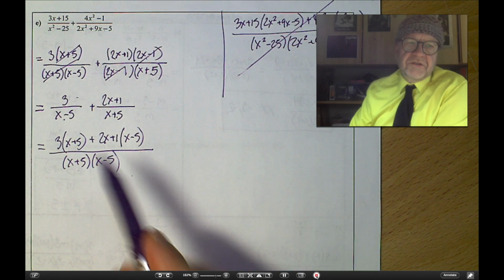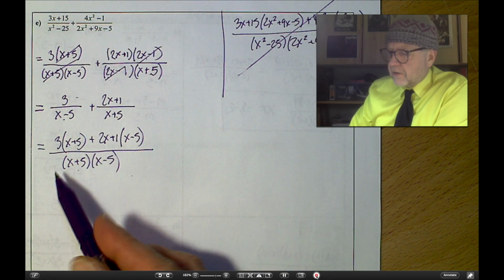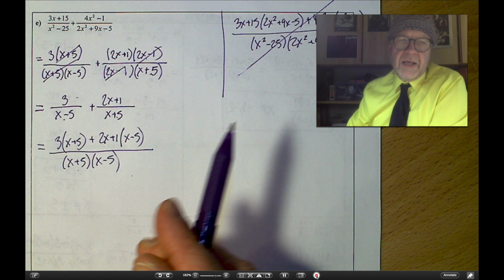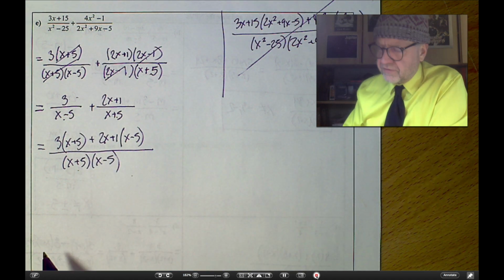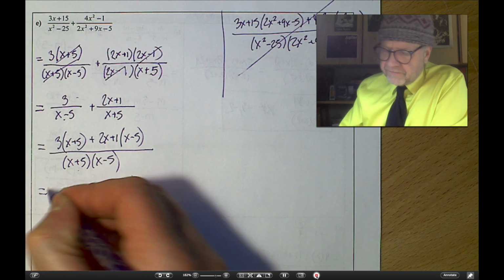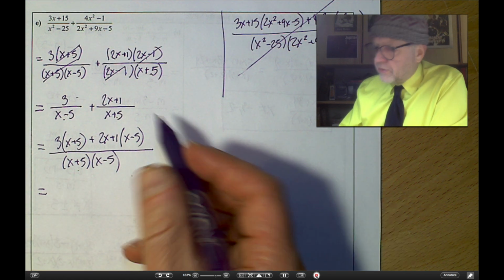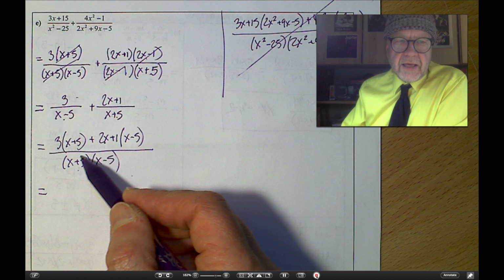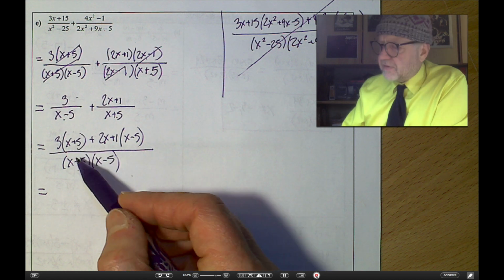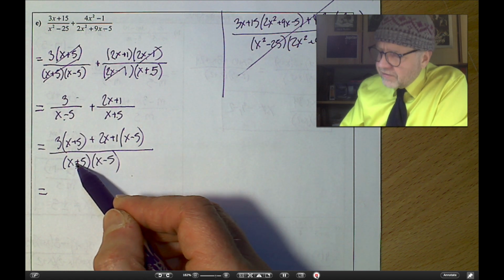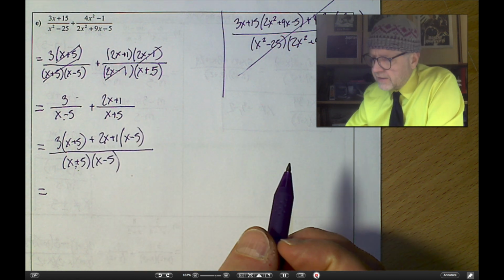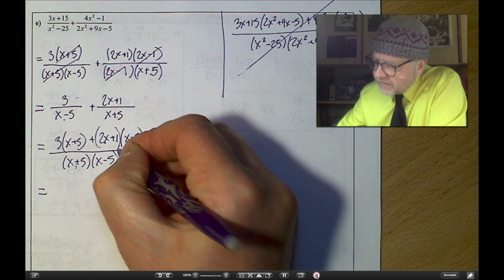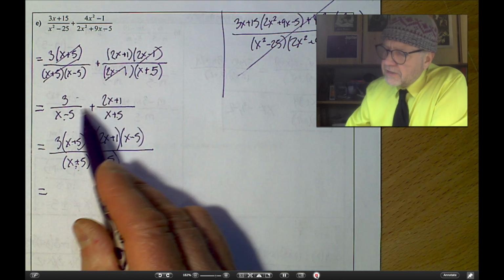I just like to see the positive expression first. Remember, a times b is the same as b times a, so it doesn't matter what order the multiplication happens. From there, what else can I do? I cannot divide out x plus 5, because to divide this out it would have to be on both sides of this, and it isn't. Remember that this is this expression times that.